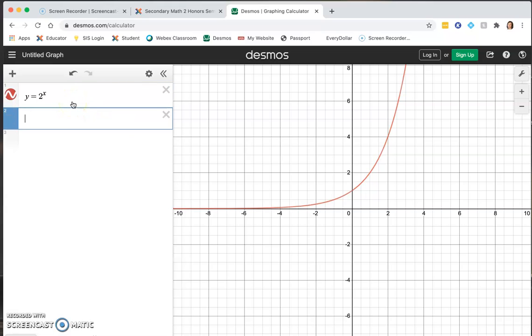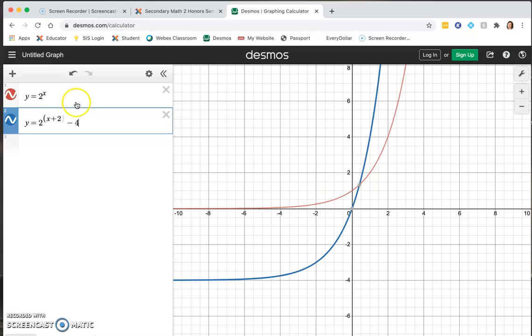Now we're going to do our translated function. So y equals 2 to the, now I've got to put it in parentheses so it all stays up there, x plus 2, and then I shift over, minus 4. You have to use your arrow keys to get it where it wants to be. So here is our new function.